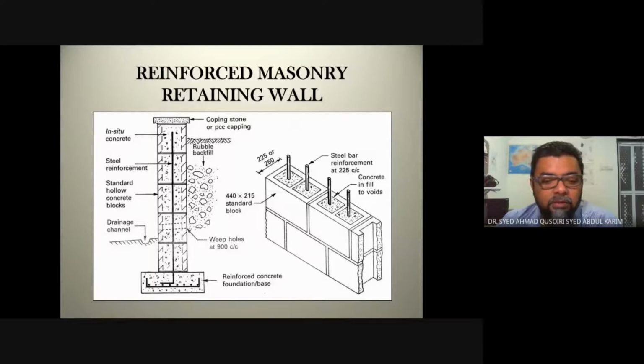They would stack these concrete blocks one against the other, and also extend the steel reinforcement, making sure it follows the height of the blockwork. And then they will fill up the void with in situ concrete. So this will be a solid wall.